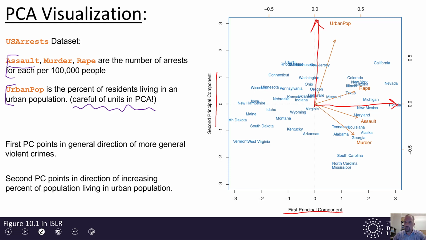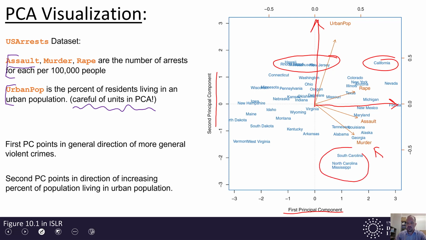PC1 is pointing in the direction of greater crime in general, and a little bit in terms of urban population. Principal component 2, if we look at the states that are captured by it, looking in the vertical direction on this plot: New Jersey, Hawaii, Rhode Island, California, those are very urbanized states.